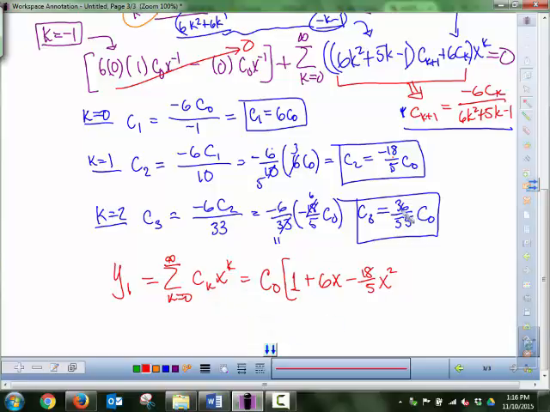And we'll go one more. The next one is a positive. C sub 3 is 36 over 55 times c sub 0, which we factored out, and c sub 3 is multiplied by x cubed. And for now, let's put dot, dot, dot here.